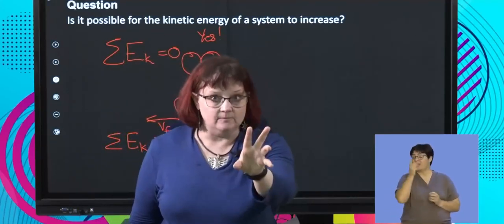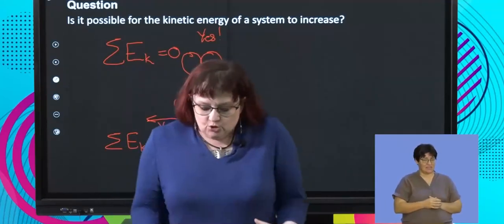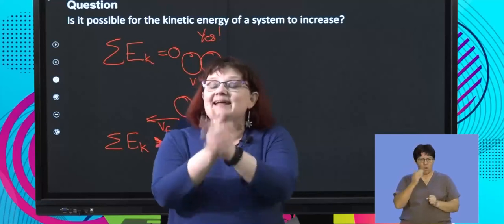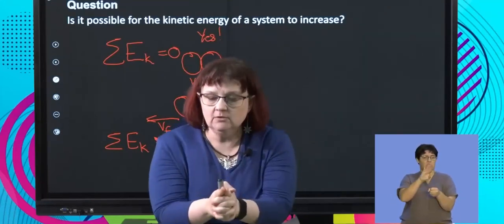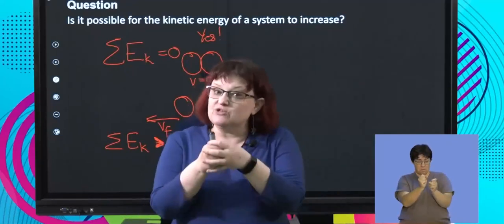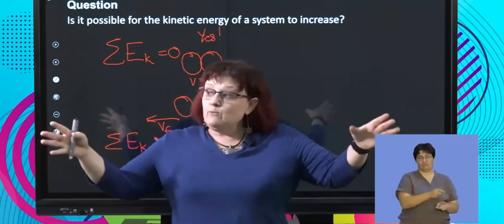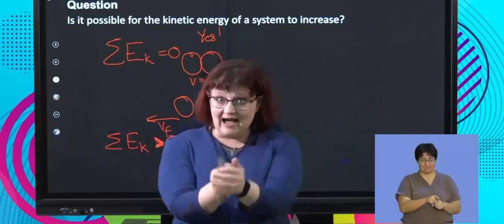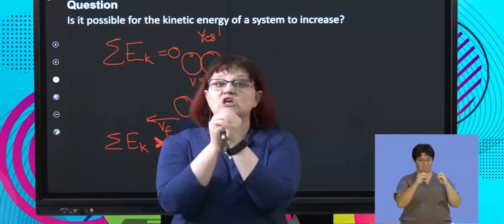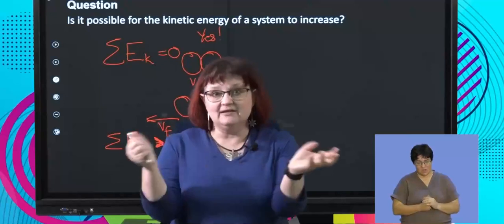So, what am I telling you here? Please be careful. If it is an explosion, so the two objects were one to start off with, it is possible for the kinetic energy to increase if they were stationary at the beginning. When we've got two objects that are colliding, okay, then the kinetic energy can't increase because we're going to lose energy to sound and that sort of thing.